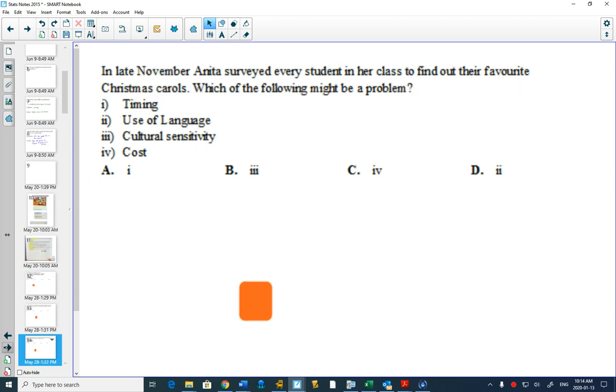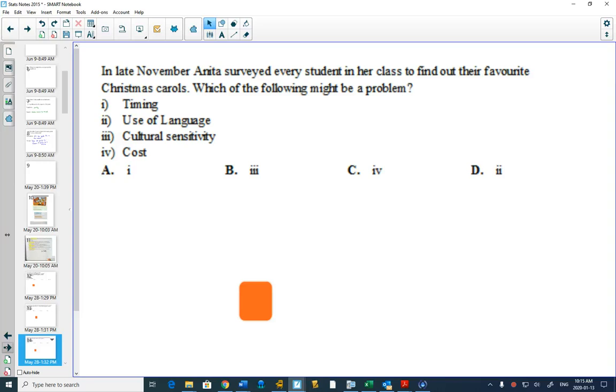In late November, Anita surveyed every student in her class to find out their favorite Christmas carols. Which of the following might be a problem? So a lot of people like statistics because it's a little bit of a break from all the algebra and stuff, and it's more trying to see if you can use some common sense in there.